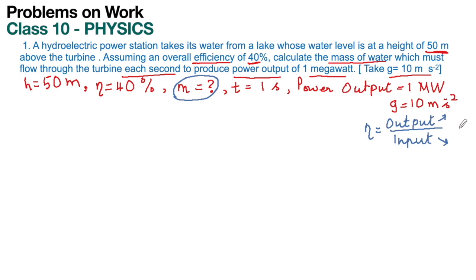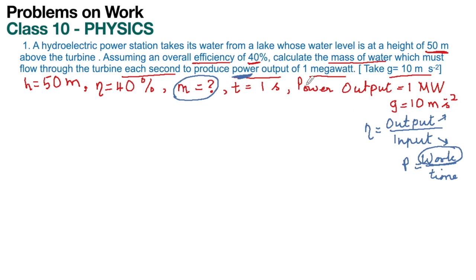So now in this case, we have to first consider the power is connected with work. How is it connected? Power is equal to work upon time. Correct? So we need to find out first what is the work. Now power output is given. That means power output, that is work output upon time, is given.